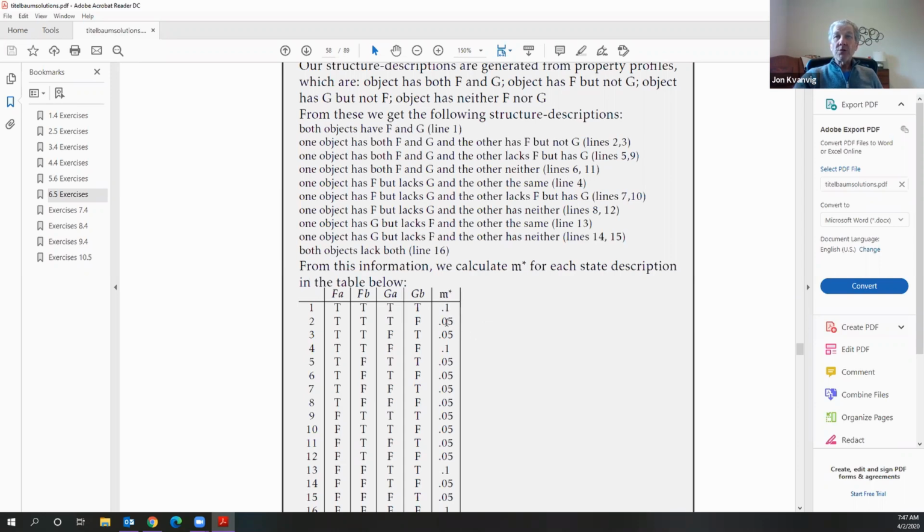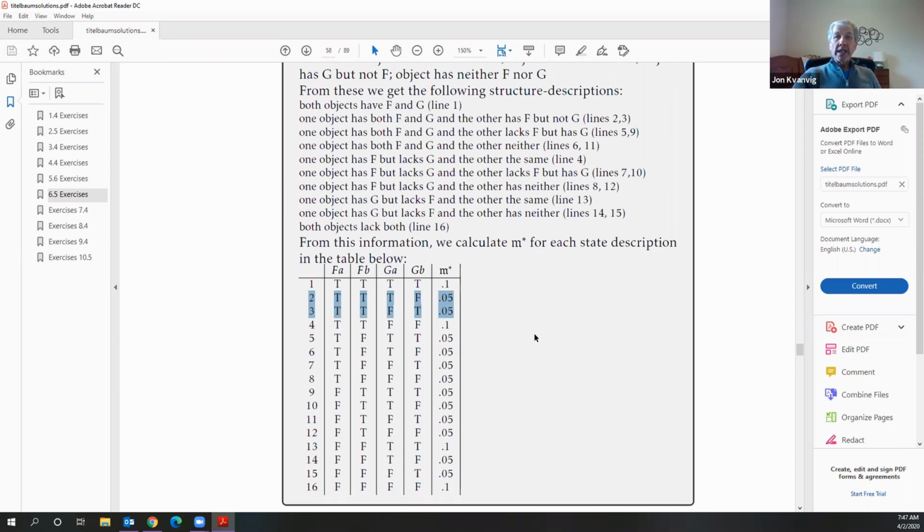But for the second structure description, there are 2 ways for it to be realized, namely lines 2 and 3, the state descriptions at 2 and 3. So we just split the 0.1 probability that M star assigns to that structure description equally between the 2 ways. So that gives us a truth table that looks like what's on your screen.